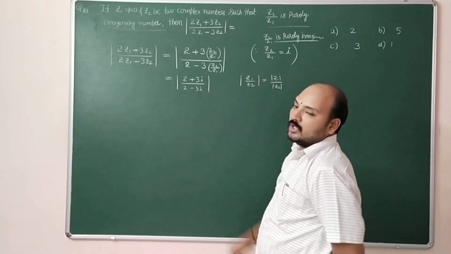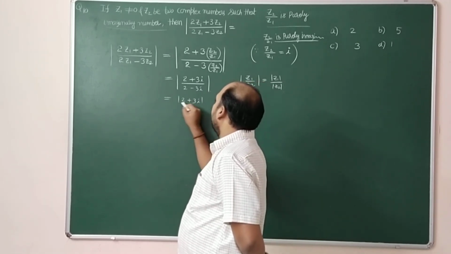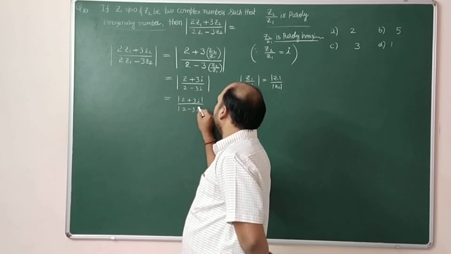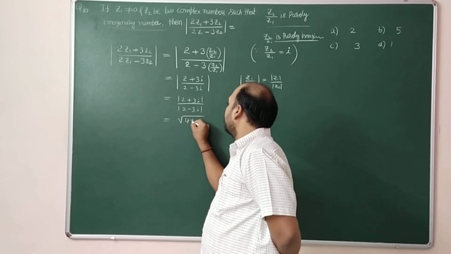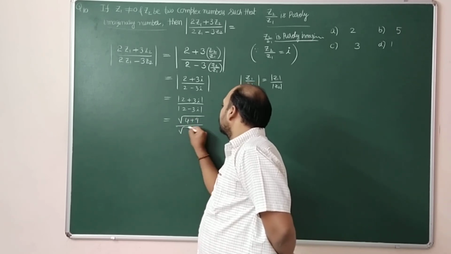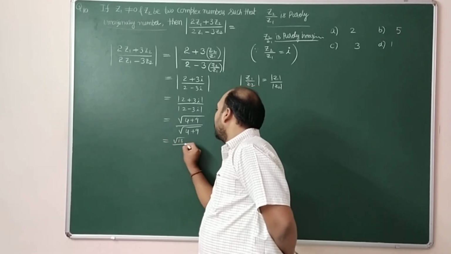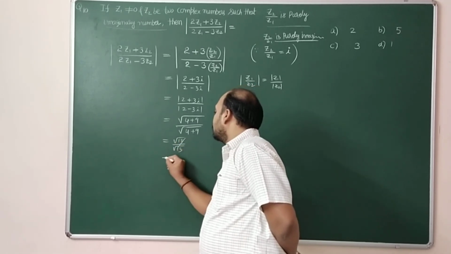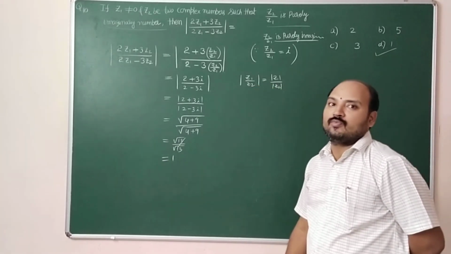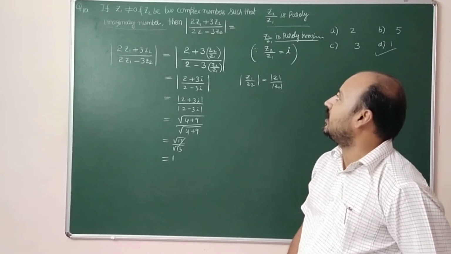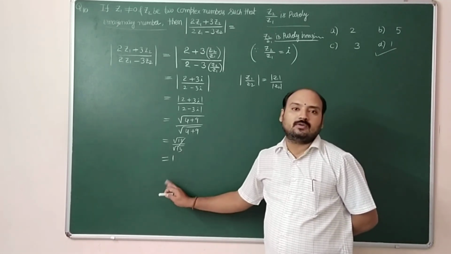You can apply the formula. So mod 2 plus 3i divided by mod 2 minus 3i is equal to square root of 2 square plus 3 square by square root of 2 square plus minus 3 square. So root 13 divided by root 13 is equal to 1. Therefore, the fourth option: the value of mod 2z1 plus 3z2 by 2z1 minus 3z2 is equal to 1.